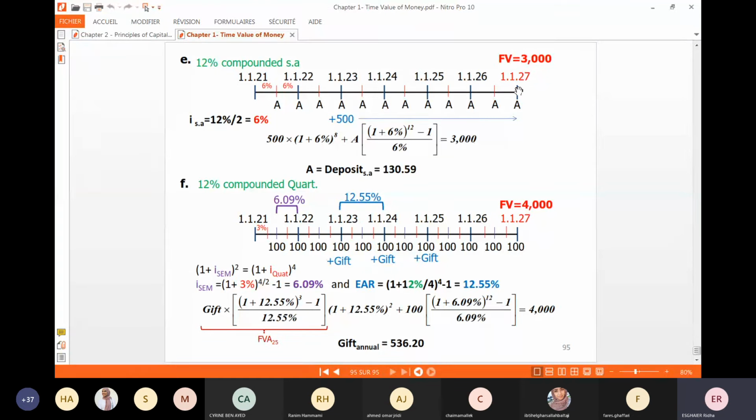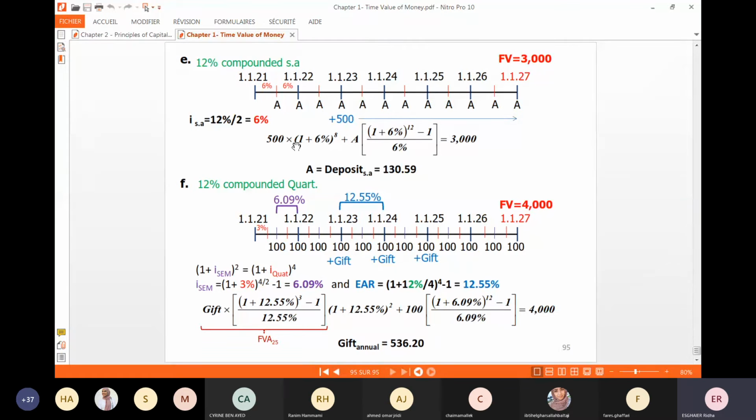During how many years? From 23 to 27, you have 27 minus 23 years. You have 4 years. 4 years, each year you will get 2 interest. It means you will get 8 times 6% interest. So 500 times 1 plus 6% power 8. From this date to this one, you get 1, 2, 3, 4, 5, 6, 7, 8 times 6%. This is the future value of the 500.